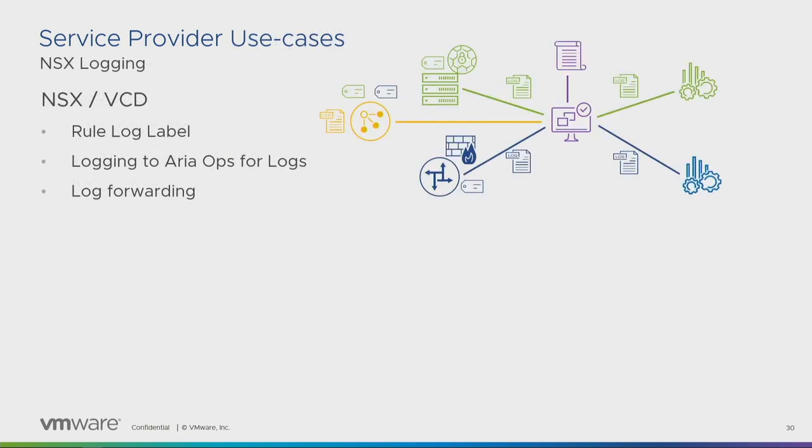So on to the logging part. In this case, I've shown you the current situation, how NSX and VCD do the logging. So you create a log rule label. NSX, VCD does it for you. If you do it in NSX, you need to do it on a per-rule basis. And it's of course needed for troubleshooting or for compliancy.